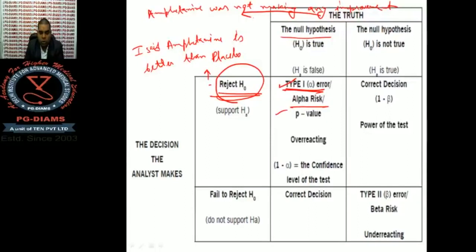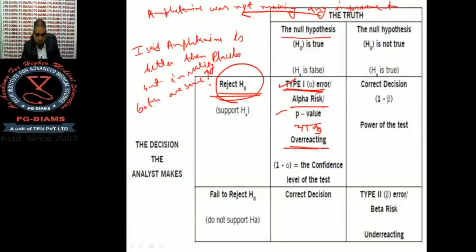It also says overreacting, or it can also be said as Chalu. Why Chalu? Because the study was not significant, but I manipulated, and I said that my results are significant. I said amphetamine is better than placebo, but in reality both are same. In reality, null hypothesis is true. This is type 1 error.